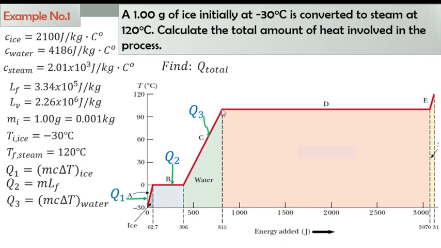And once our water reaches 100 degrees Celsius, it is ready to undergo a phase change again. That water will be transformed into the gaseous form, which is steam. We need another amount of heat for that phase change. We will name that Q sub 4.